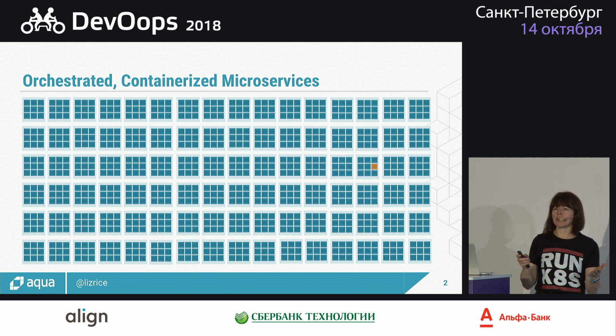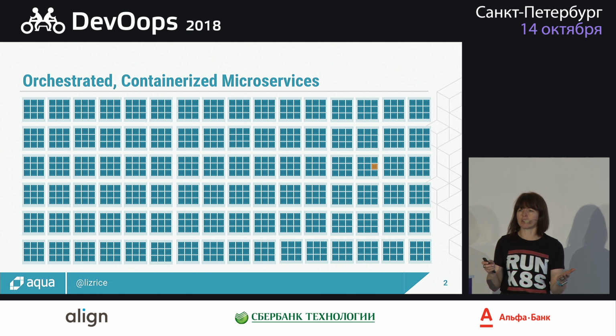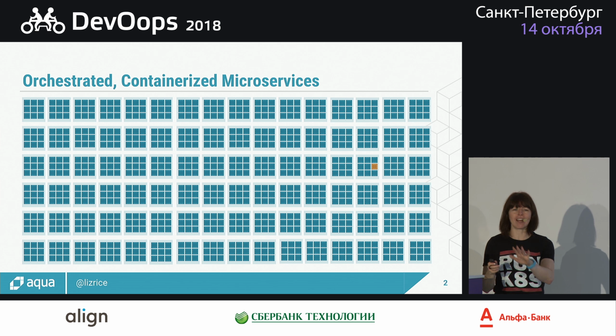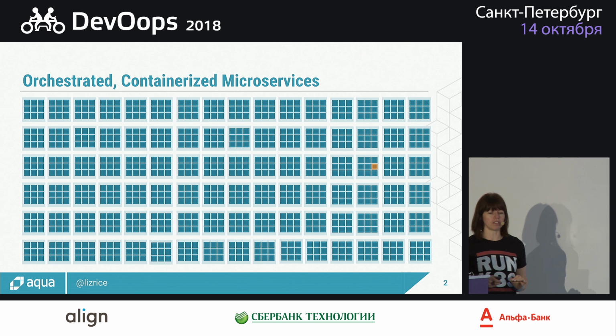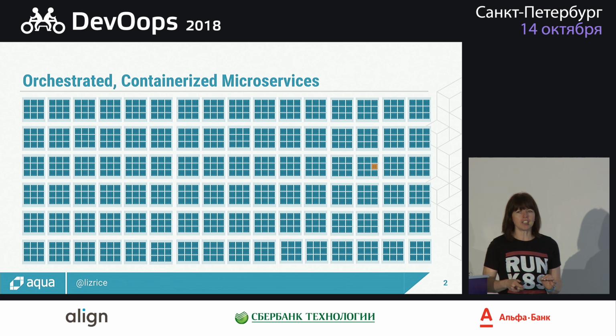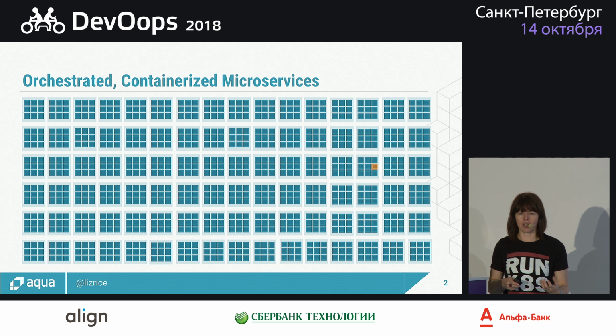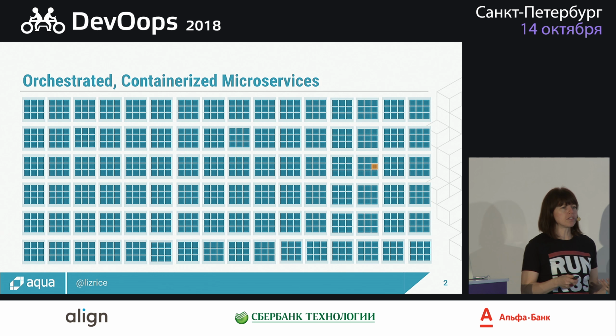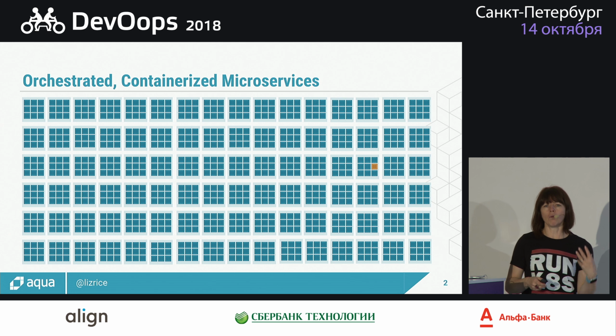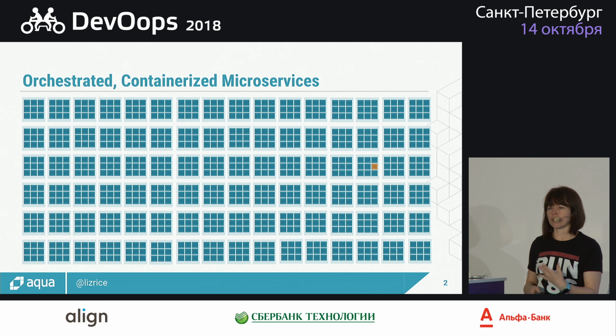So, first of all, how many people in this room consider themselves to be security people? Anyone? Couple of hands? Yeah, a couple of hands. Traditionally, people who work in security are used to the idea that they know what code is running on what server.